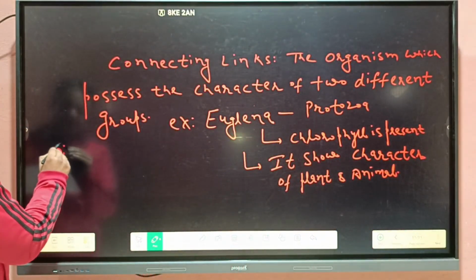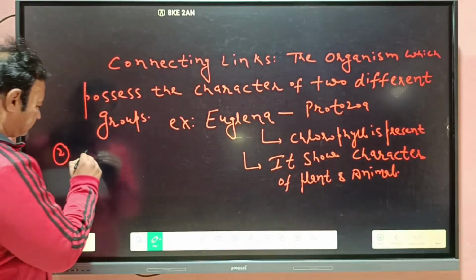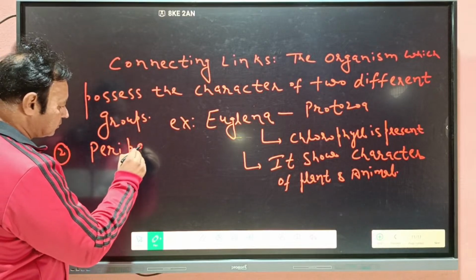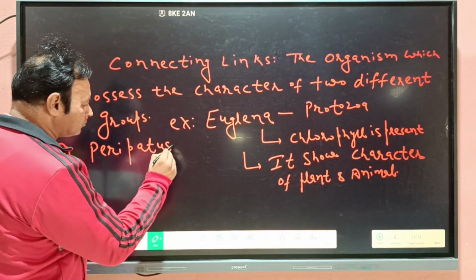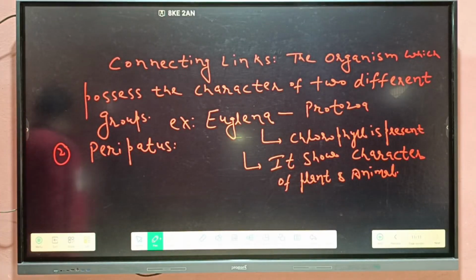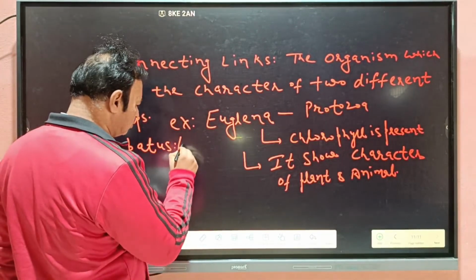Second example is Peripatus. Peripatus comes under the arthropoda group.